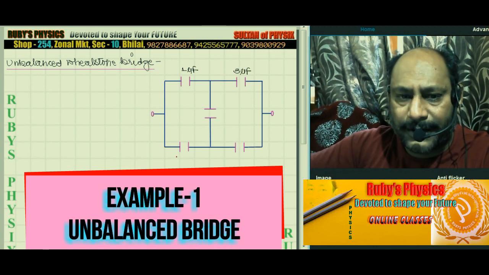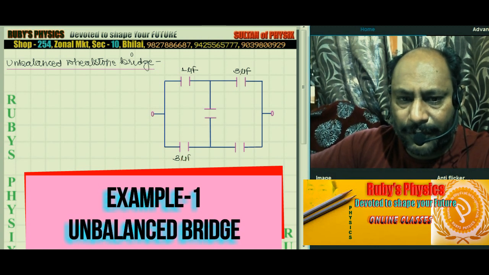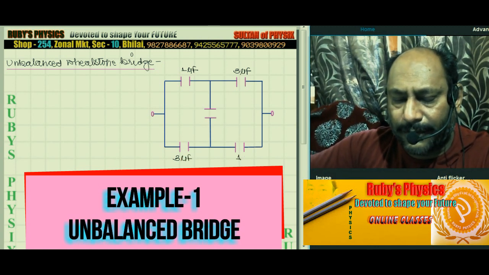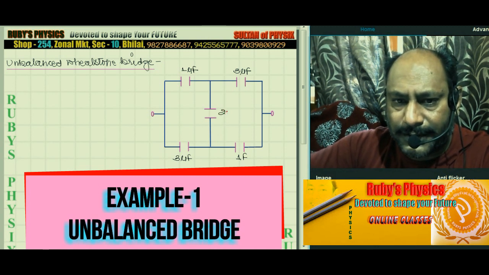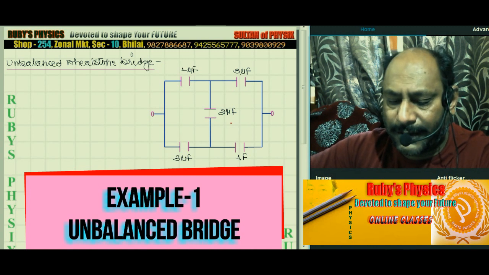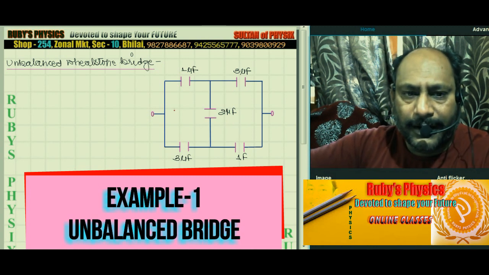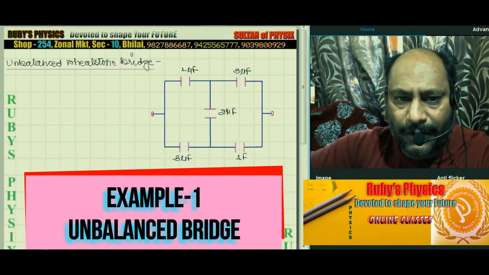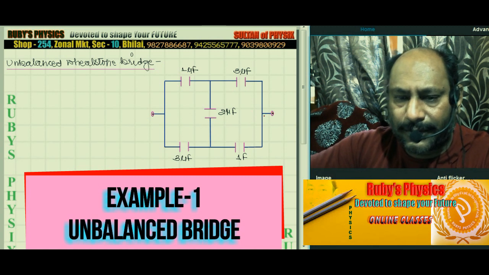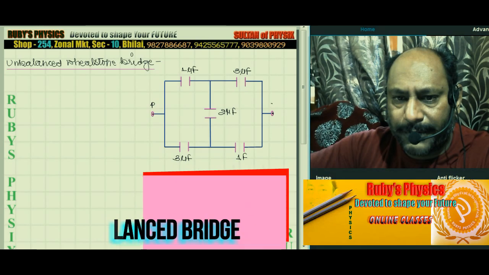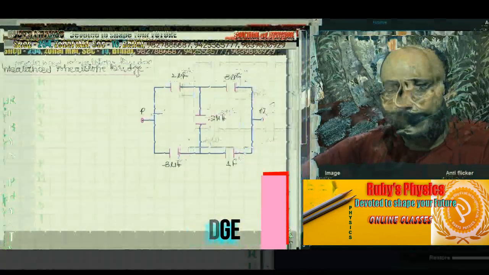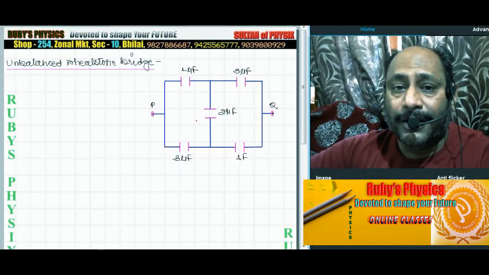Here, reversed, 3 microfarad and 1 microfarad. In the middle it is, suppose, 2 microfarad, and we have to obtain the net capacitance of this combination of capacitors between P and Q. Clear?